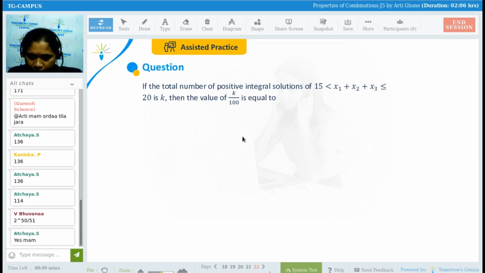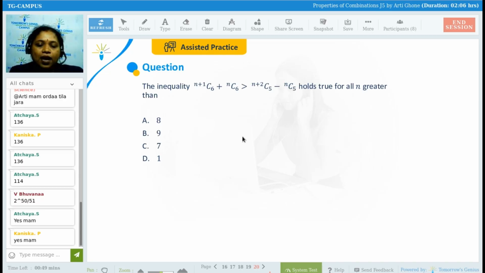Okay. See now. N plus 1 C6 plus N C6 is greater than N plus 2 C5 minus N C5. Then the values of N for which this holds true, N greater than what. This is again a property based question. What will you do?